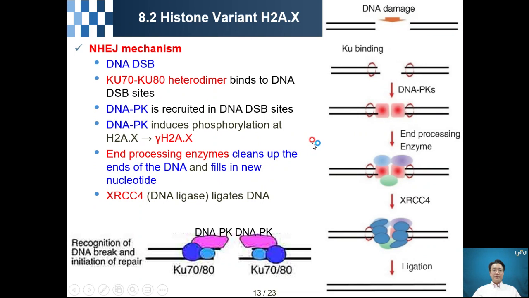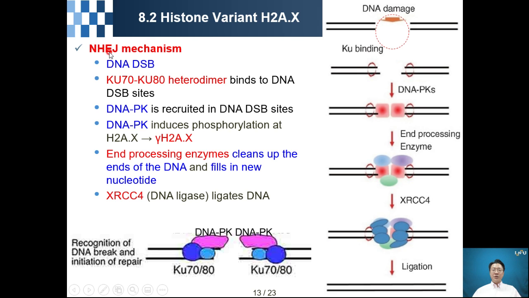Okay, in this slide, I will explain the specific NHEJ mechanism. When DNA damage happens, DNA DSB, double-strand breaks, take place.